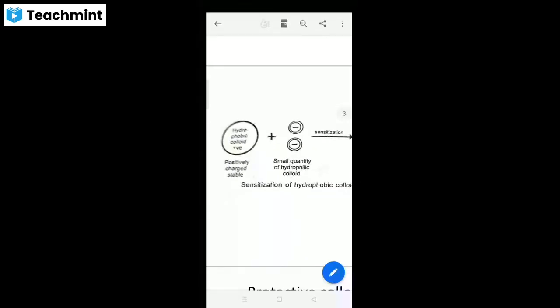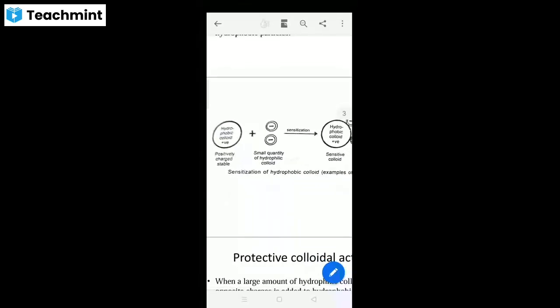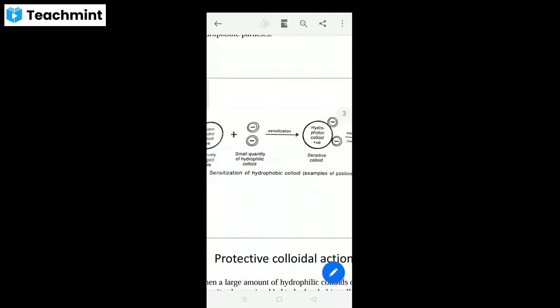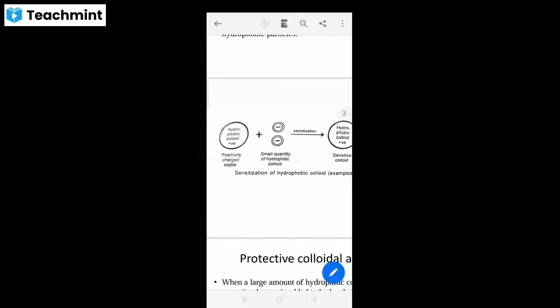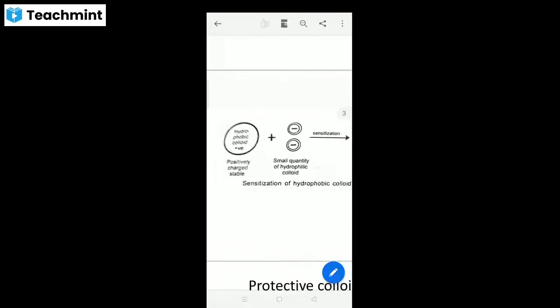So as you can see over here, sensitization of hydrophobic colloid, example of a positive colloid. Here you can see in the diagram, our particle is the same, a hydrophobic colloid with positive charge on the surface of the particle.